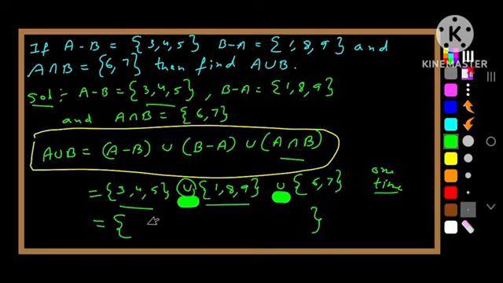If you write it in order, you'll get the answer as 1, 3, 4, 5, 6, 7, 8 and 9. So this is our answer.